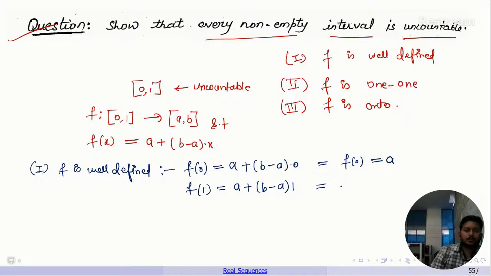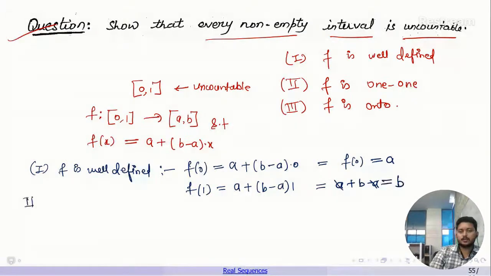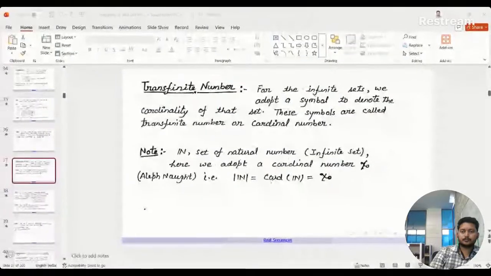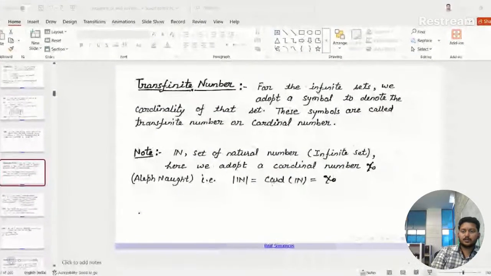It is equal to a plus b minus a, then cut like this. And the second thing, f is 1-1. So it means what? It means it is 1 1 1 1.